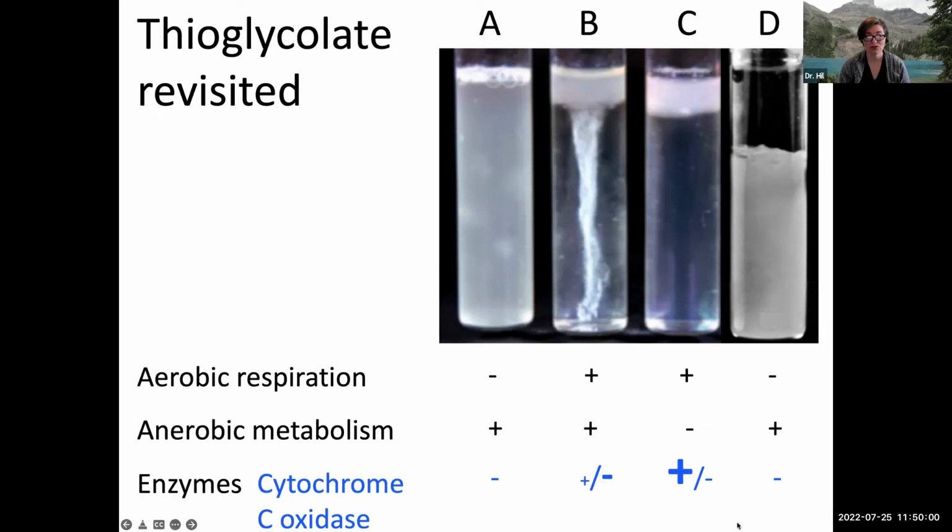So hopefully that's not too confusing. It is true that most obligate aerobes have cytochrome C oxidase, but some of them have something else. And it is also true that a lot of facultative anaerobes are actually oxidase negative, although some of them are oxidase positive, and some of them have this one and some have a different one.